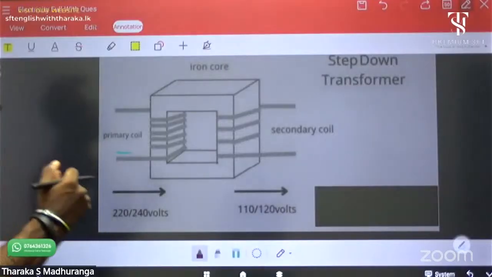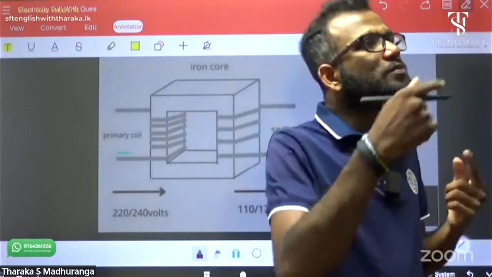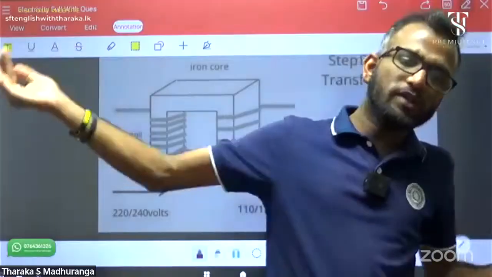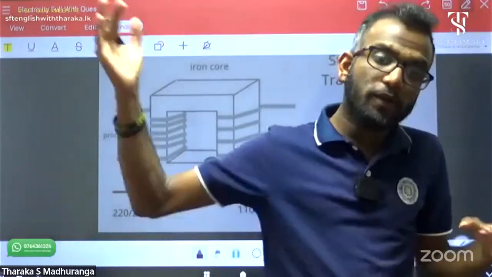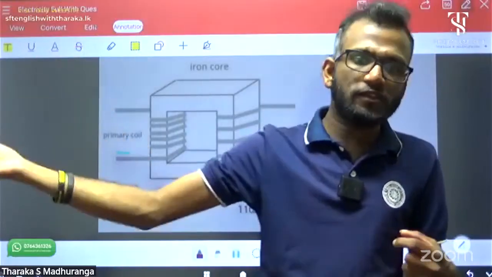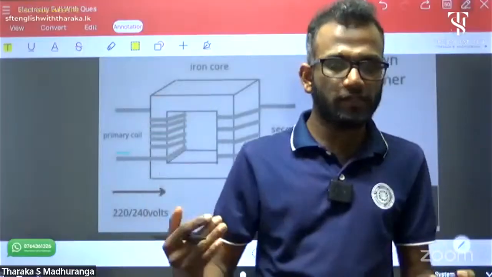Step up transformers and step down transformers. Step up transformers are used in long distance transmission systems, from the power plant to the transmission system. Normal voltage is converted into 33,000, 66,000 higher voltage to reduce energy loss.